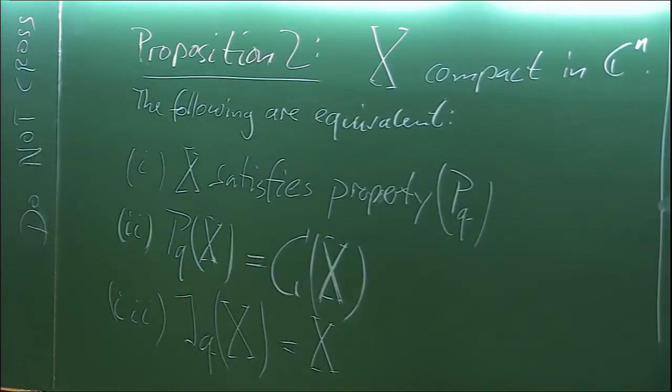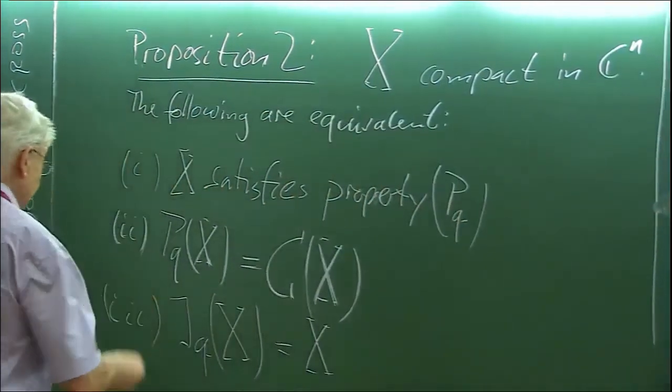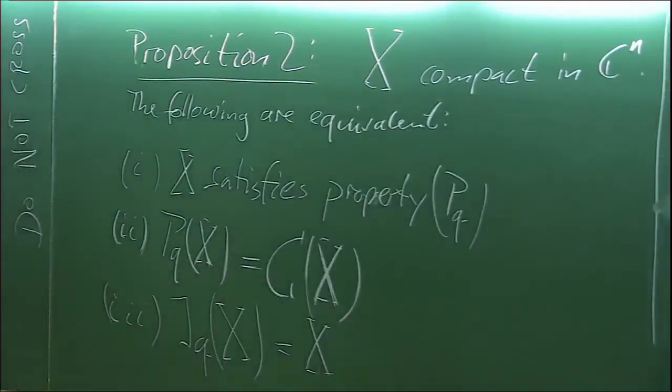In fact, the way I'm going to do it is 3 implies 2. 2 implies 3 is clear. 3 implies 2 uses something that's usually called Edwards' theorem, which in this context says the following.